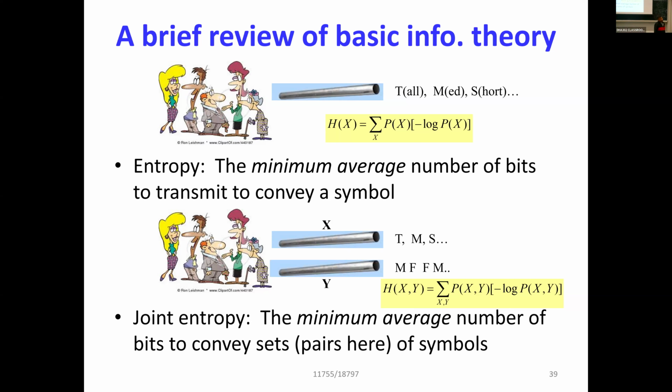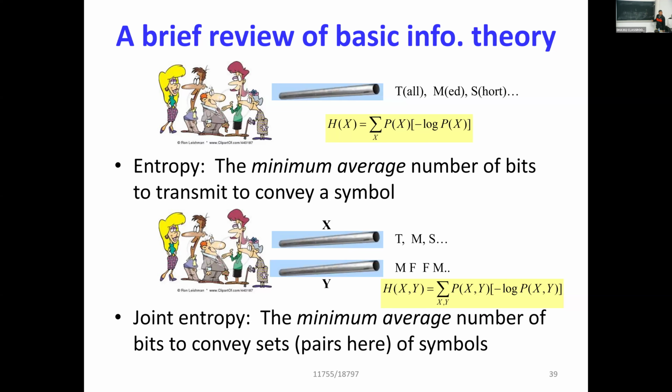Because gender informs about height, right? Women are more likely to be on the shorter side. Men are more likely to be on the taller side. And so if you look at this distribution, this is not simply going to be P of H comma G. It's not going to be simply P of H, P of G.